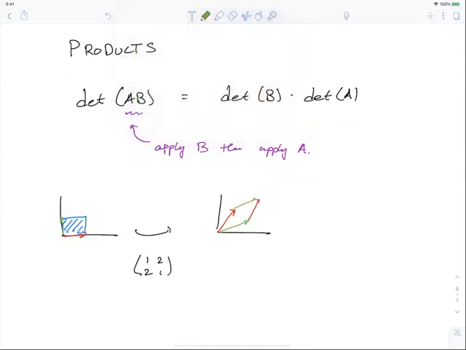This has some expansion factor, which is the determinant right here. So in fact, the determinant here is -3.